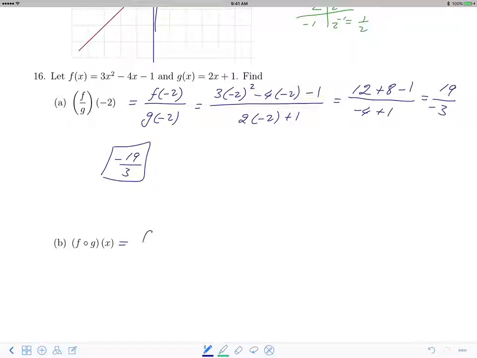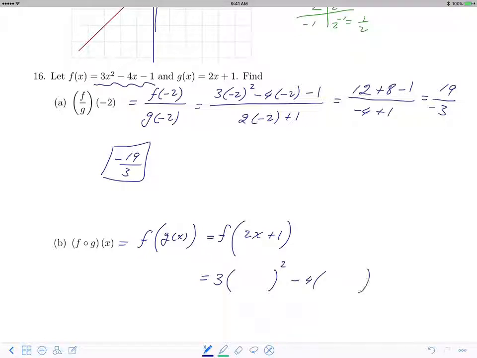For part B, we have to build a composite function. F composed with g is f of g of x. So inside here, I put g of x, which is 2x plus 1. And then, to perform f on it, we're just going to copy the definition for f with blanks. 3 times blank squared minus 4 times blank minus 1. And inside these blanks, I'm going to put the input, which is 2x plus 1. And then simplify.